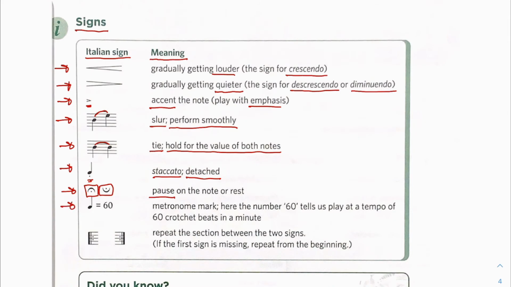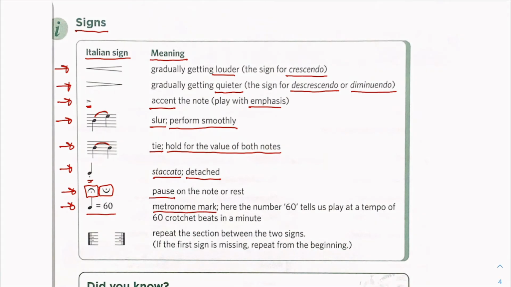Next, we have this. This is a metronome mark. Here, the number 60 tells us to play at the tempo of 60 crotchet beats in a minute. As you see, this is a crotchet. So if a crotchet equals 60, it means you play at a speed of 60 crotchets in a minute.